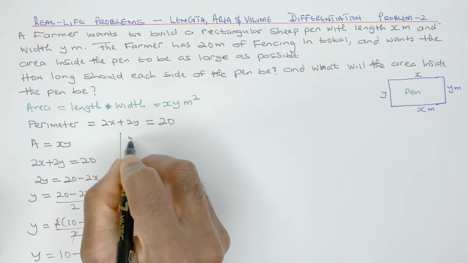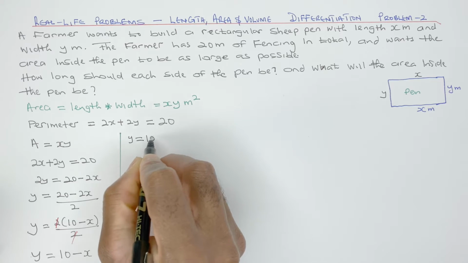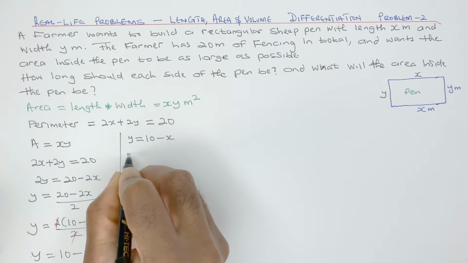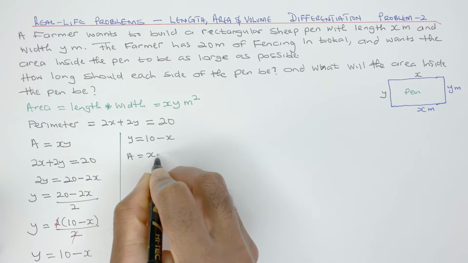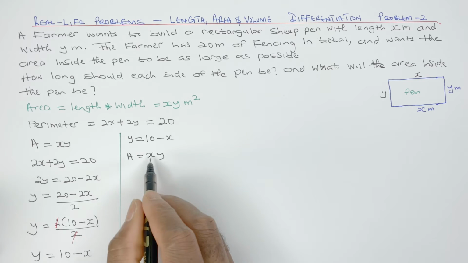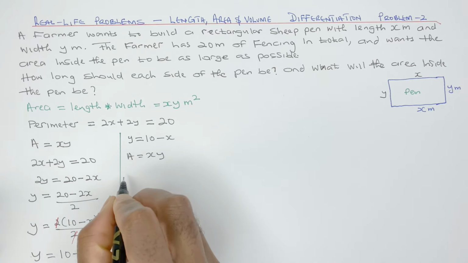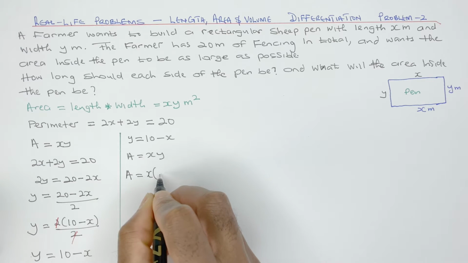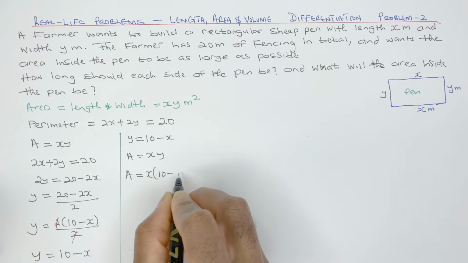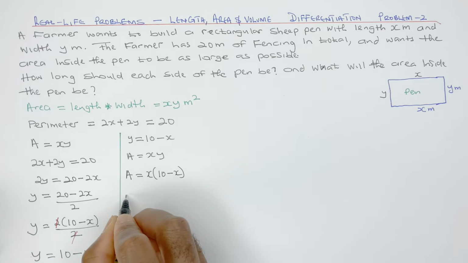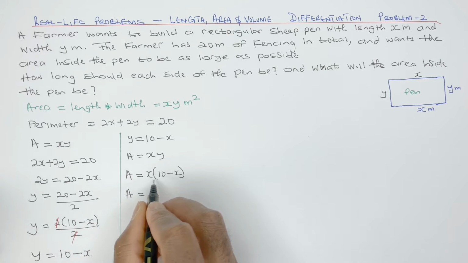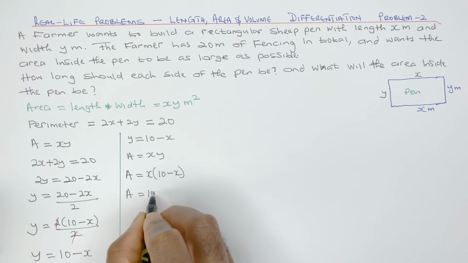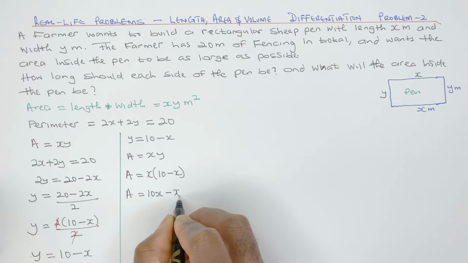So we know y equals 10 minus x, A equals xy. If I replace y here with 10 minus x, A equals x into bracket 10 minus x. A equals, expanding the bracket, 10x minus x squared.